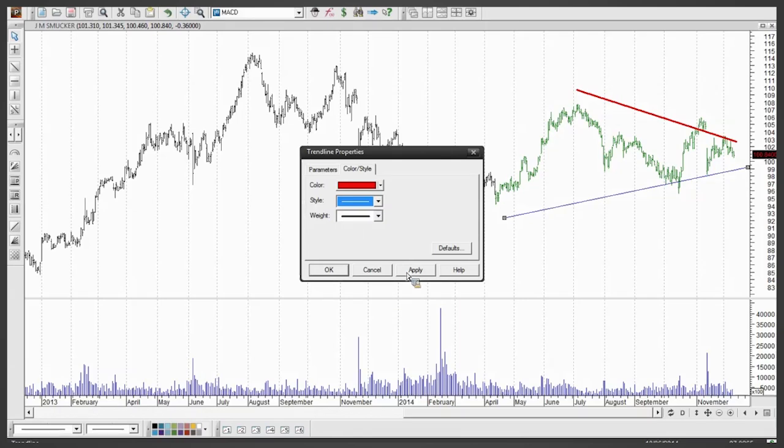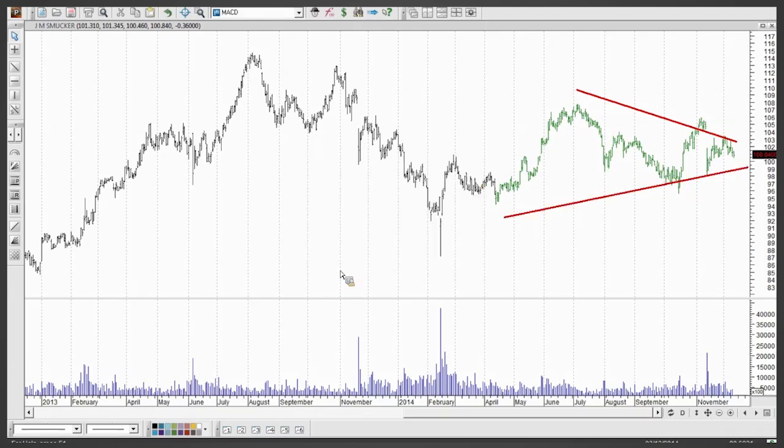So what we're looking at here is a symmetrical triangle. Now, if you guys remember the rules of a symmetrical triangle, what we're looking for is a point in which the highs and lows, the movement from day to day, is actually compressing with the instrument. And that's exactly what J.M. Smucker is doing, this instrument that we're looking at right here.